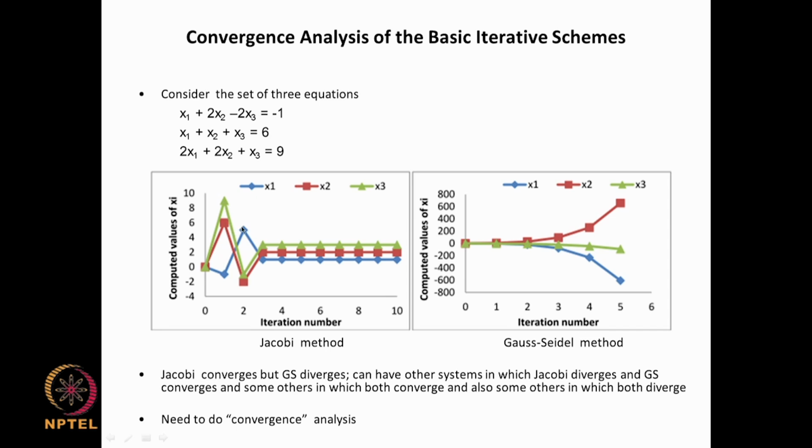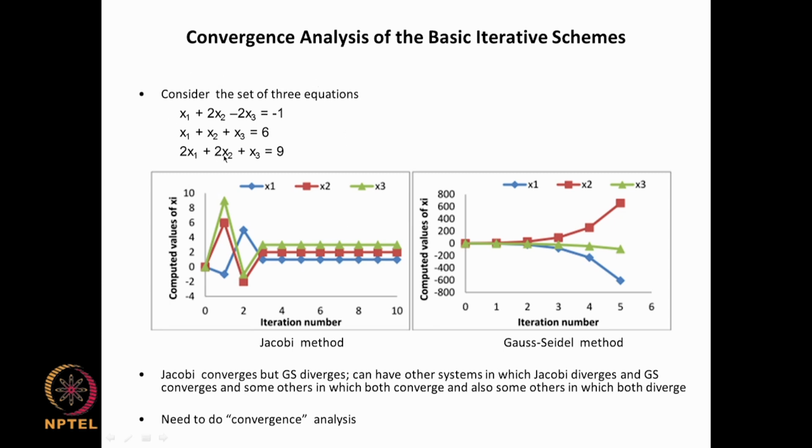At the next step, x1 has come down again, and x3 and x2 have gone up, and after that there is very little change. So there is a big change, then a smaller change, and then very small changes, and it seems to have converged, because graphically we are not seeing significant change between the previous one and this one.